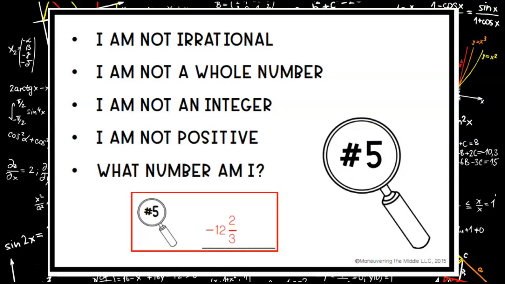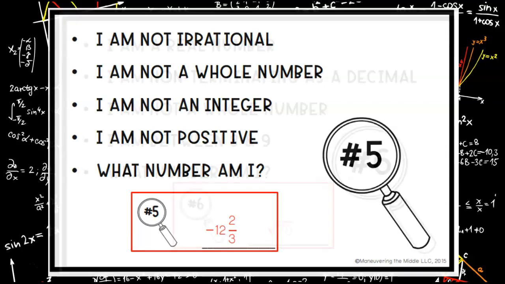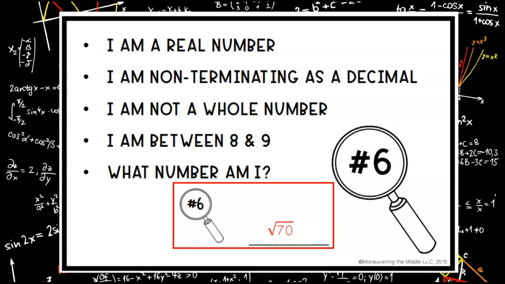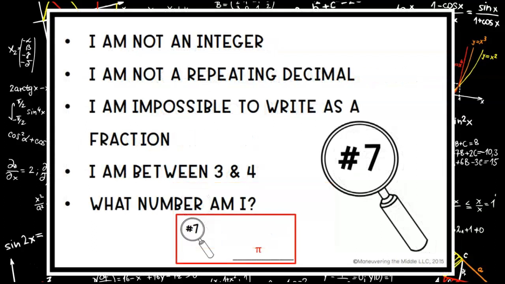Number 5 is -12 2/3. Number 6 is the square root of 70. Number 7 is pi.